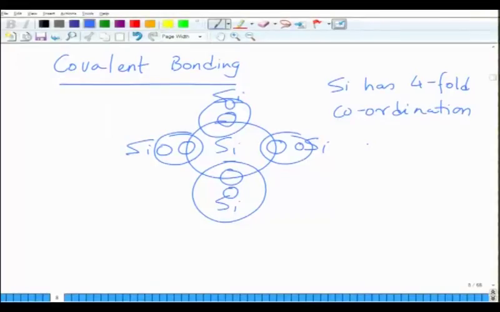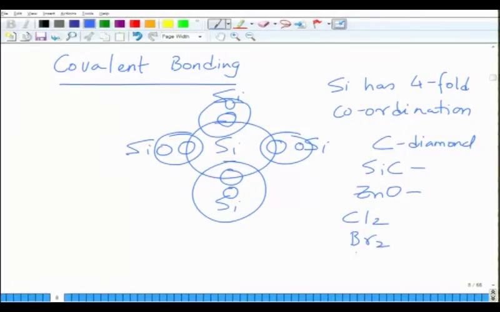Not only silicon, but there are a lot of other elements which have this kind of characteristics. Silicon is one, carbon, basically diamond has this kind of structure, silicon carbide, zinc oxide, which is partially ionic, but it also has a very strong covalent character. All these materials are covalently bonded. Gases such as Cl2, Br2, F2 tend to be covalently bonded.